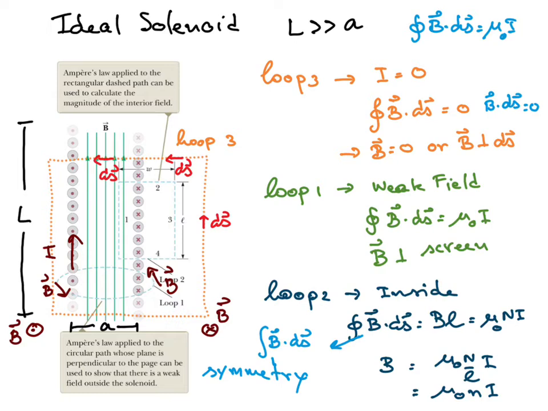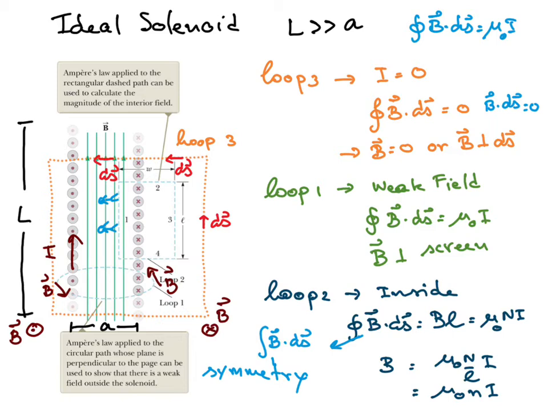The symmetry here means that the magnetic field along this path must be the same everywhere, because if we are at each point on the path, the segment number 1 of path number 2, when we look at the current that comes from the solenoid, we will see the same picture everywhere.